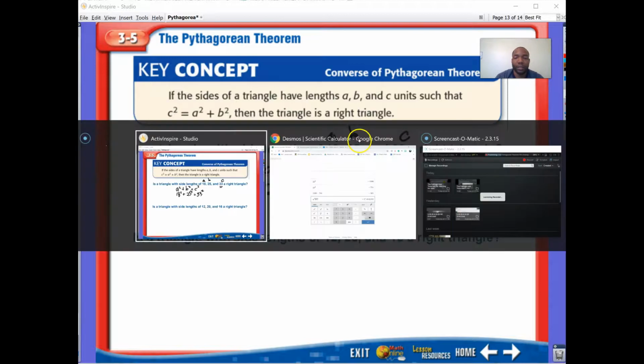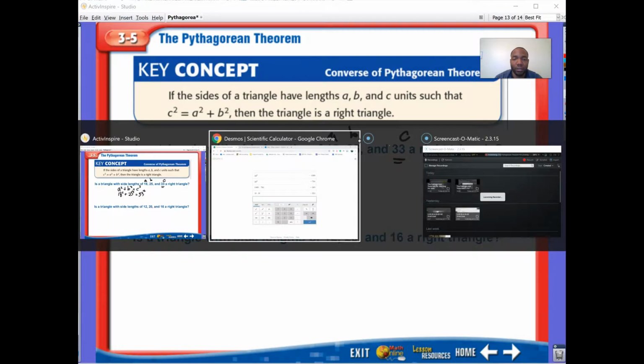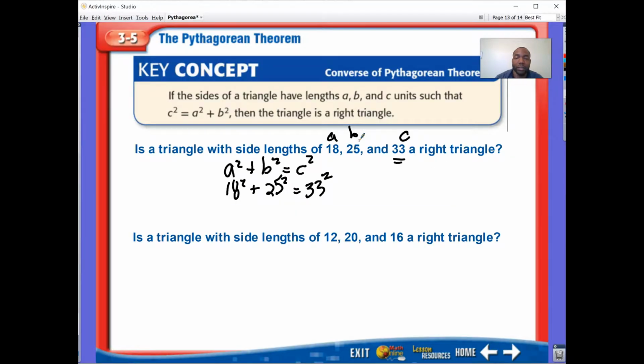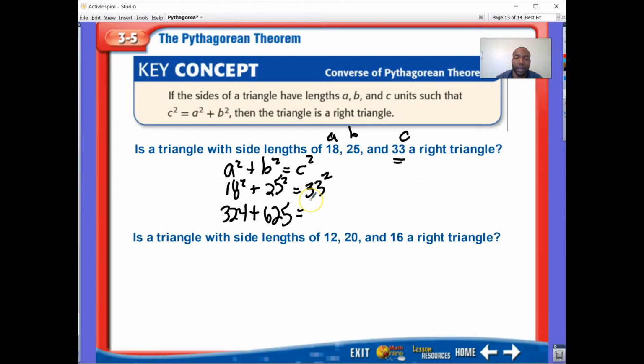So here we go, Desmos. 18 squared is 324. 25 squared is 625. Is 324 plus 625 going to give us 33 squared, which is 1089?